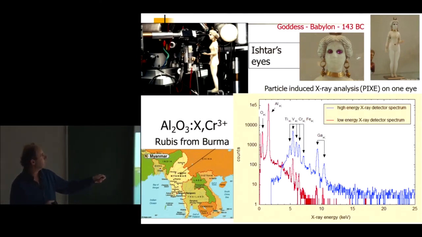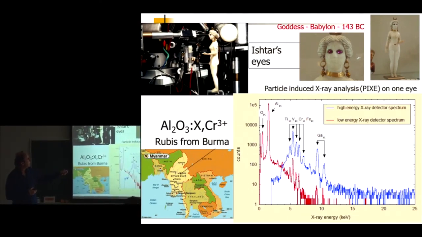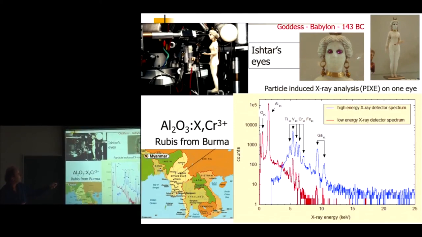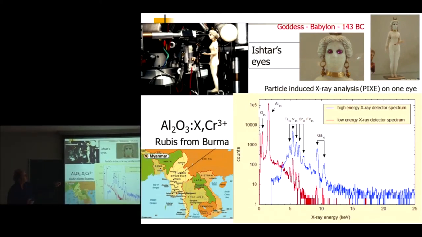The eyes of this very old Babylon goddess, 143 years before Christ. And they looked at the eyes, and the formula of the eyes is chromium, it's a ruby. They looked at the impurities coming with the ruby. So this is particle-induced X-ray analysis.